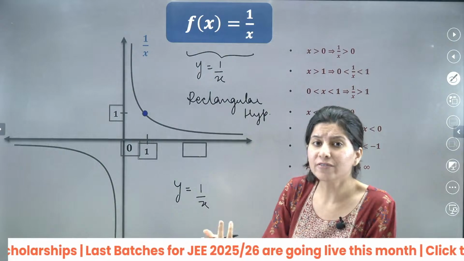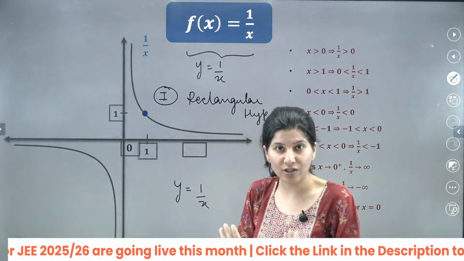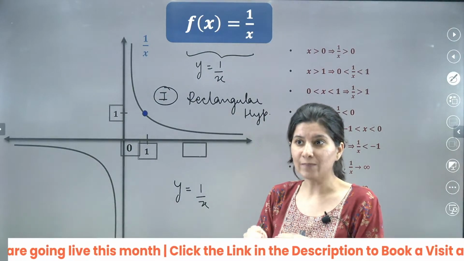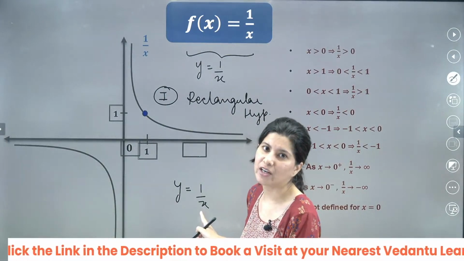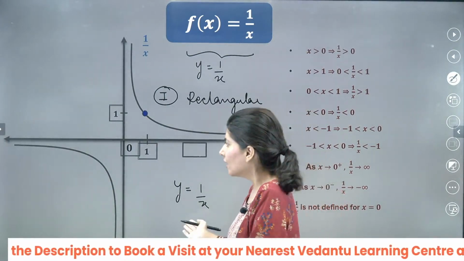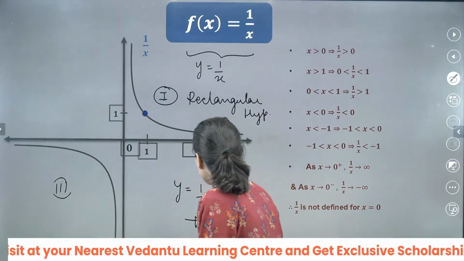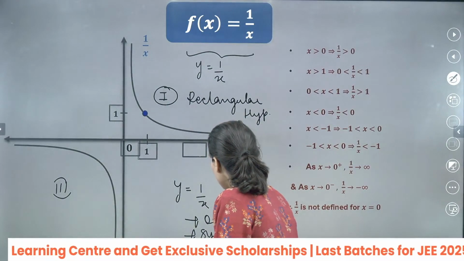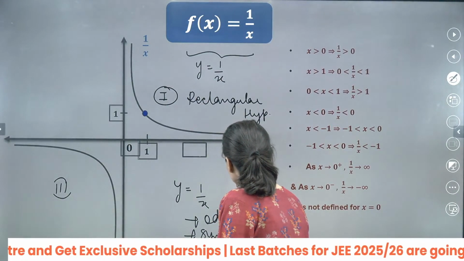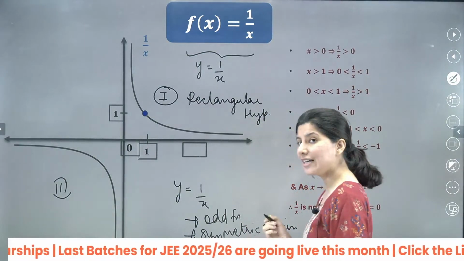Both positive, which quadrant? First quadrant. So the graph will be in the first quadrant. And when x is negative, y will also be negative, so the graph will be in the third quadrant. And obviously this is an odd function, symmetric about origin. All right, now let's plot the graph.